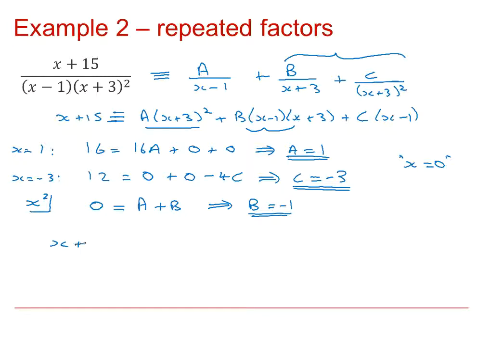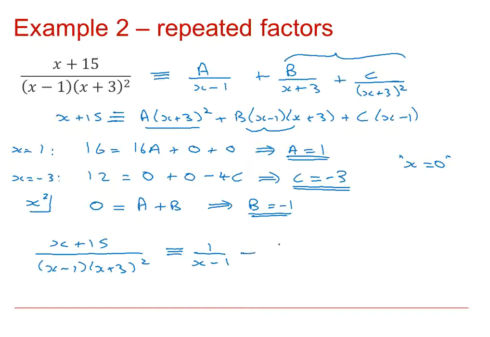So x plus 15 over x minus 1 times x plus 3 squared, which is a pretty complex fraction, certainly something we wouldn't want to try and integrate, can more easily be written as a over x minus 1, so that's 1 over x minus 1, and then we've got b over x plus 3, and again try and avoid writing plus minus 1.